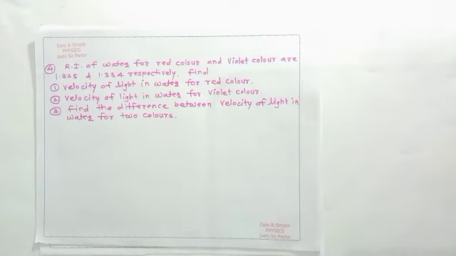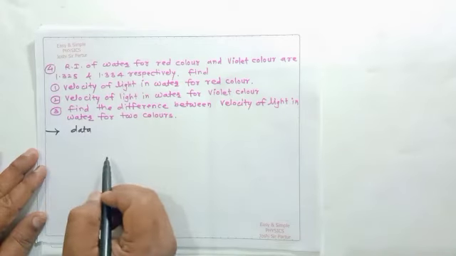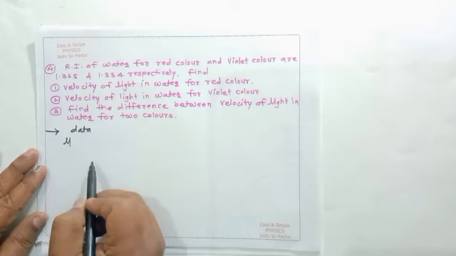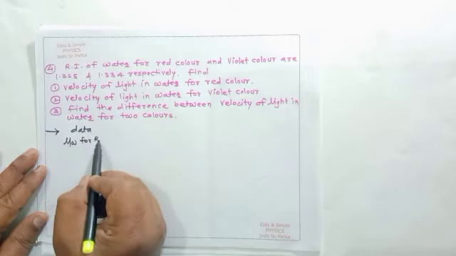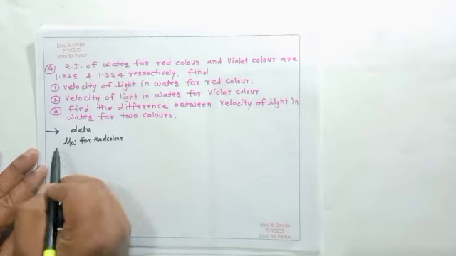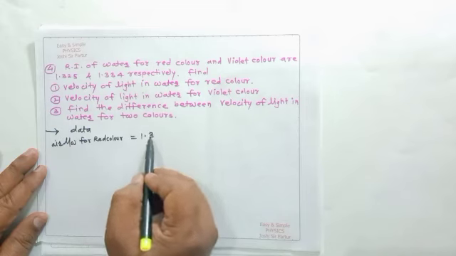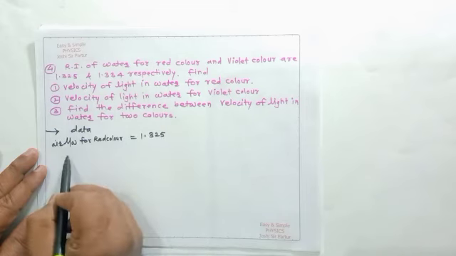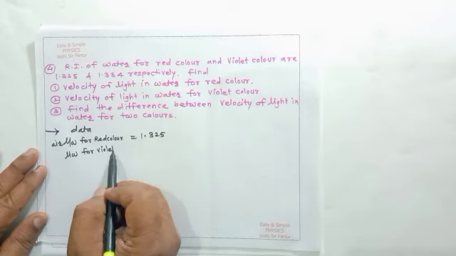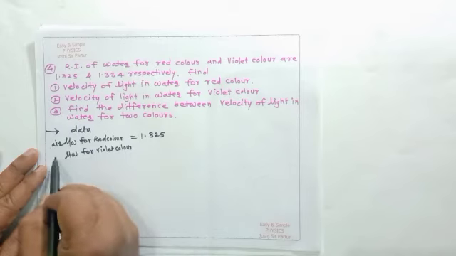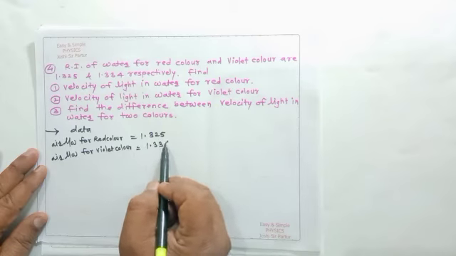For such a problem, we first write the data. Here the data is given as the refractive index for water for red color with respect to air, which is 1.325. The refractive index for water for violet color with respect to air is given as 1.334.